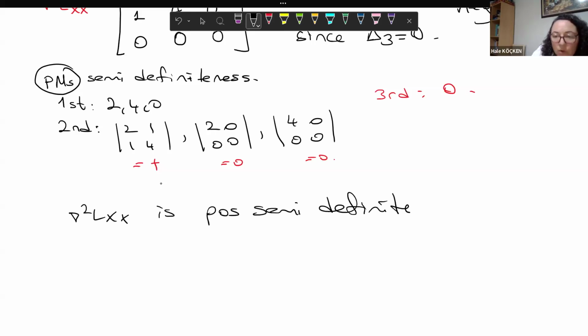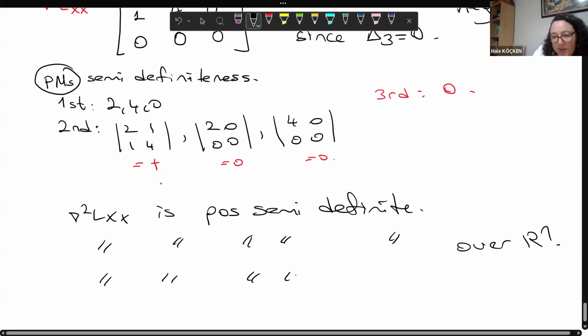Semi-definite means that Nabla square L is positive semi-definite over R^n, which means that it is also positive semi-definite over H_x star, the feasible direction set.